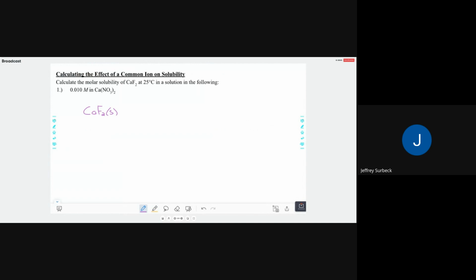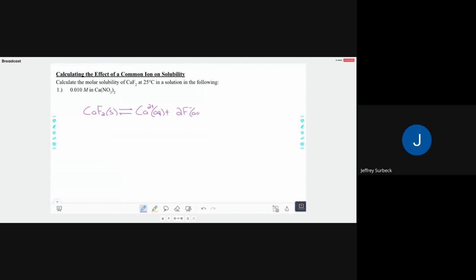Now remember, we have our equilibrium arrows, and calcium fluoride would break down into calcium 2 plus, dissolved in water, so we have that as aqueous, and we have, this is really important, 2F minus.